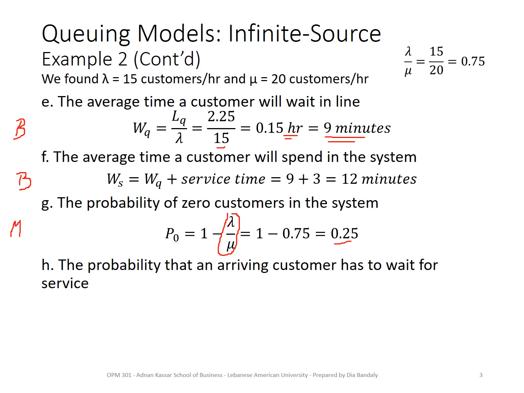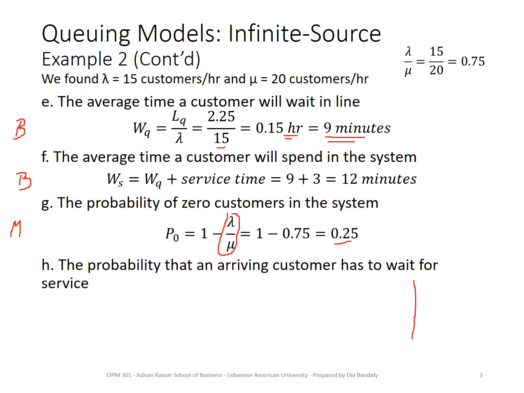Finally, or in fact, we have one more coming, but in this slide, this is the last one. The probability that an arriving customer has to wait. All right, this is a nice one because you can use logic here. I'm going to denote that by PW, the probability of an arriving customer to wait. Think about that.